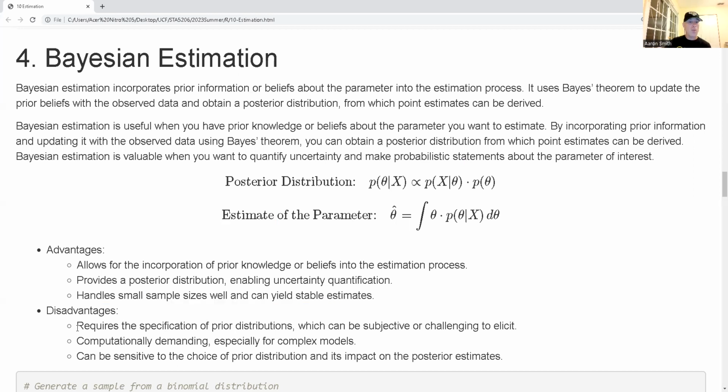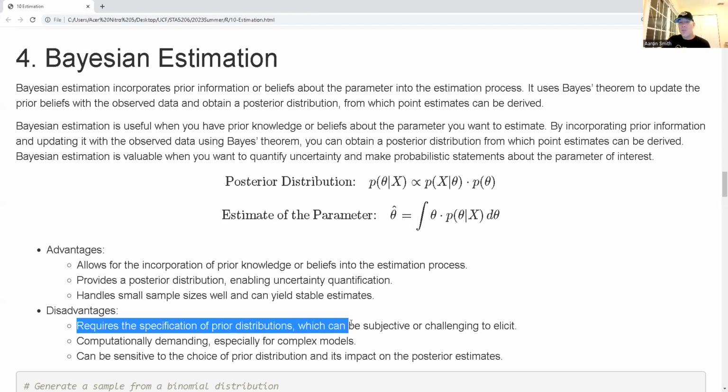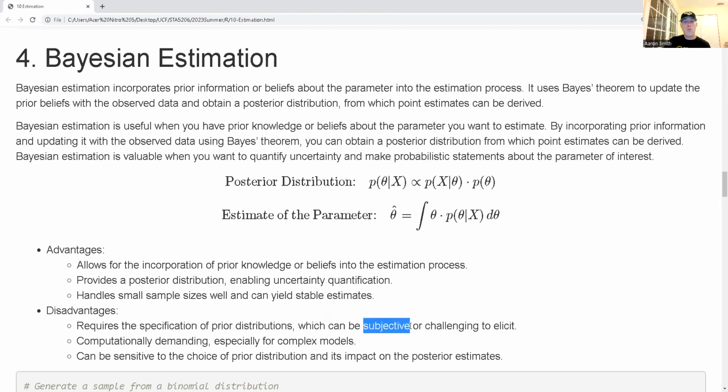Disadvantages. All right, so this requires the specification of the prior distribution, which can really be a subjective or challenging thing to get at. It can be subjective in that two different subject matter experts would say two different distributions. Another thing is that, for me as a statistician, this is an issue I've had professionally: my subject matter expert knows what they're talking about.